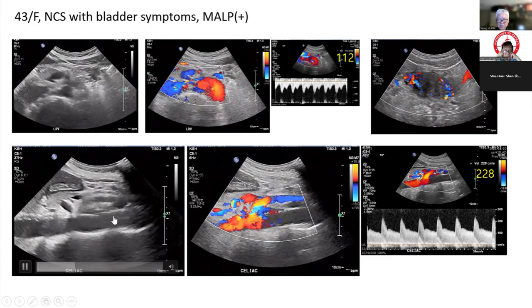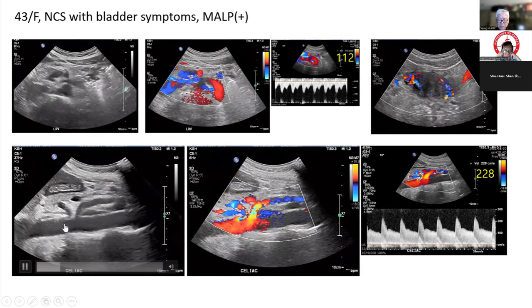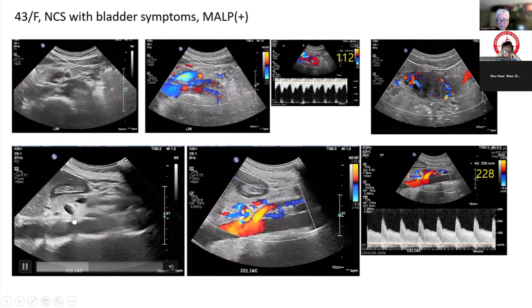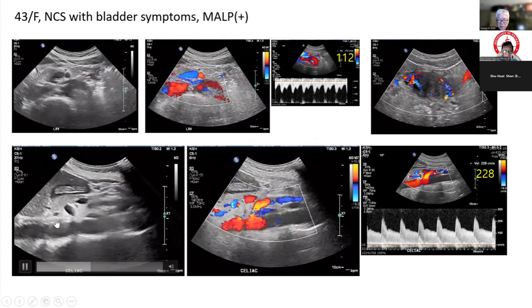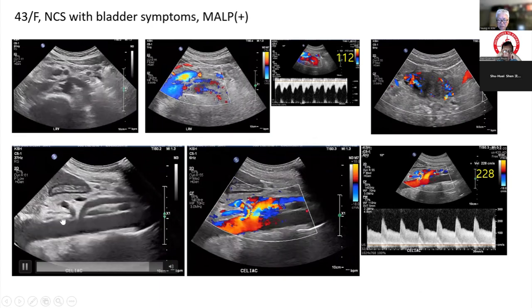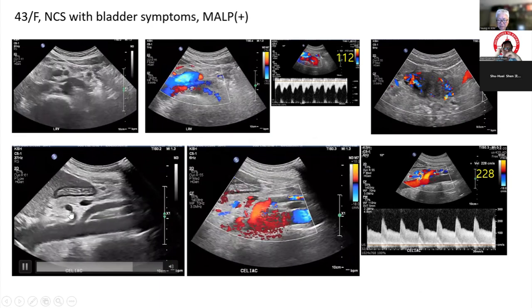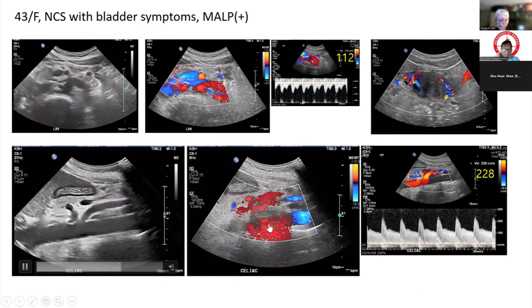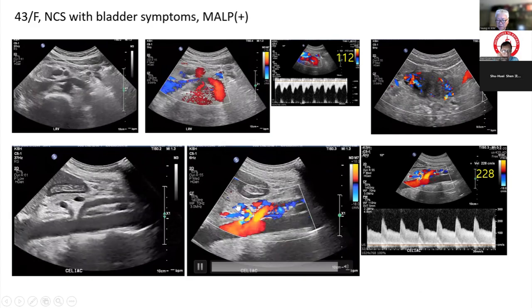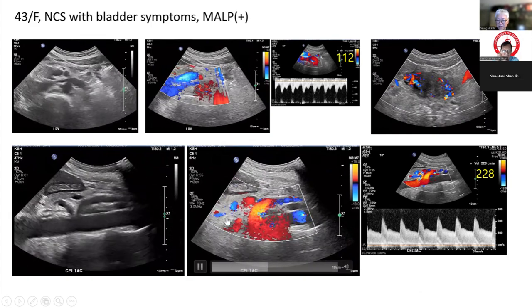And with the patient's respiration, you can see some compression effect occurs here due to this hypoechoic linear structure. Probably that is a median arcuate ligament, and the compression occurs in the proximal area of the celiac artery, and the very bright colored flow here in the celiac artery.